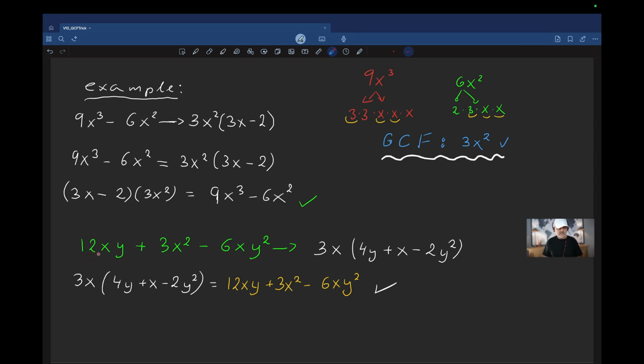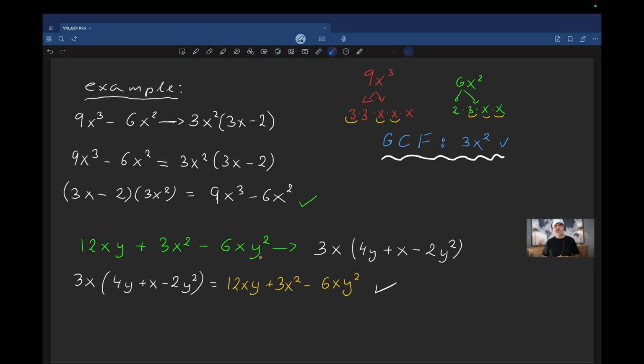In terms of the variables, I have x here, I have x squared, and I have x there. So it seems like I can extract one x because it's to the power of 1, to the power of 2, and then again to the power of 1. So x is a common factor. In terms of the second variable y, I have y to the power of 1, I have no y here, and I have y to the power of 2. So y is not part of the solution because it's not common to all three terms.